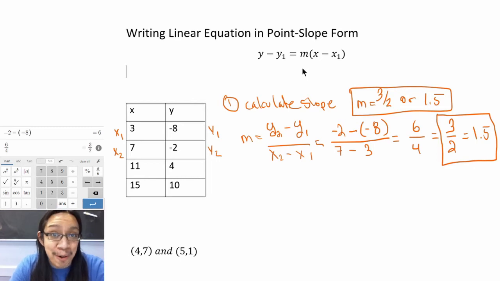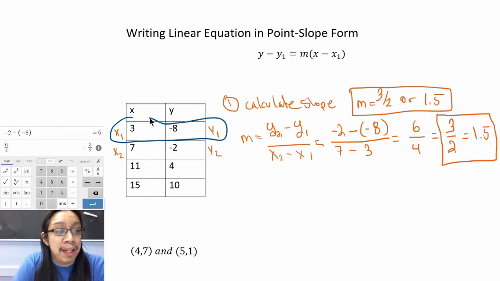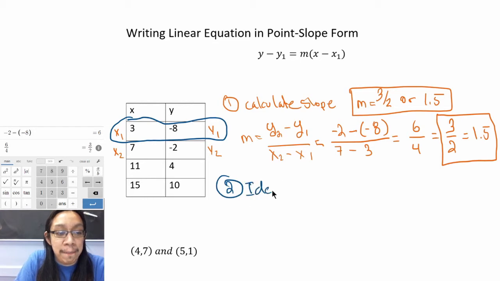We already know what x1 is and what y1 is, because when we calculated the slope earlier, we labeled what x1 and y1 is from the table. So one thing is to just identify what your x1 is and what your y1 is. So in this case, our x1 is going to be 3, and our y1 is going to be -8.